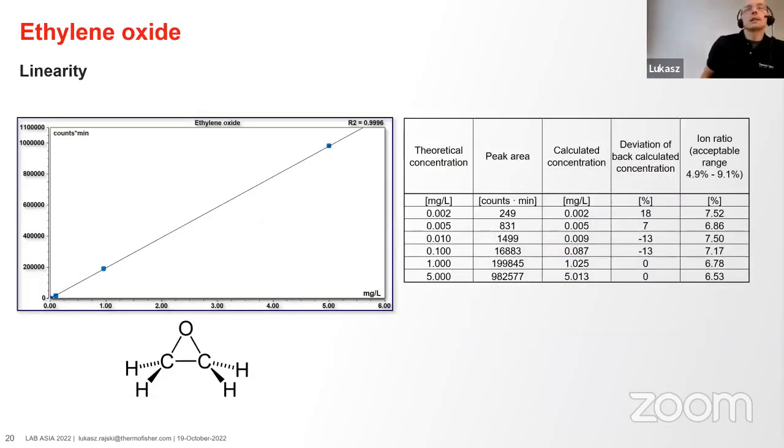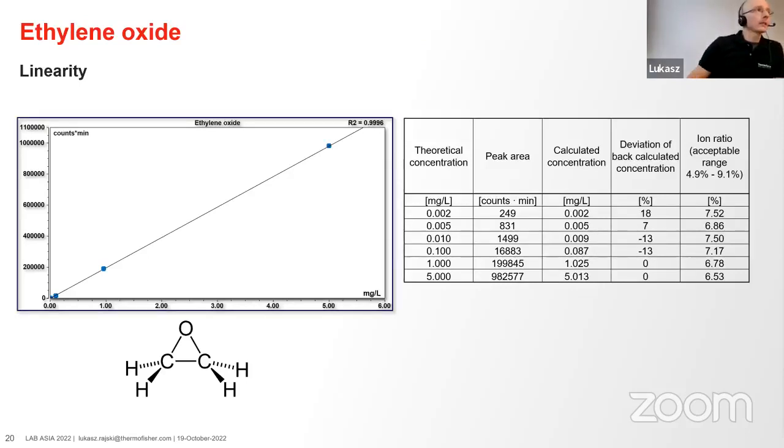Linearity. I mentioned that our XR detector had a broader linear range, and we tested the linearity in the range from 2 ppb up to 5 ppm. This is the concentration in the vial, from 2 ppb up to 5 ppm.